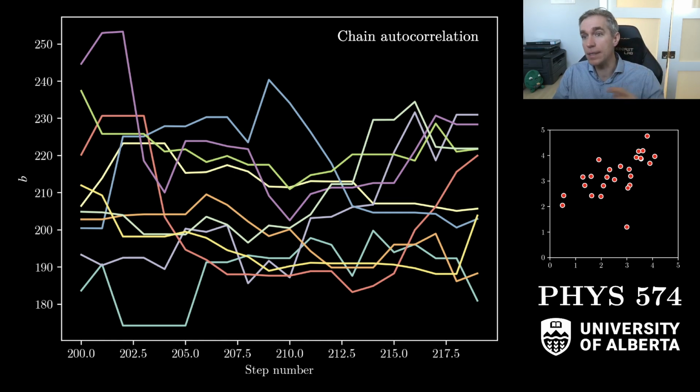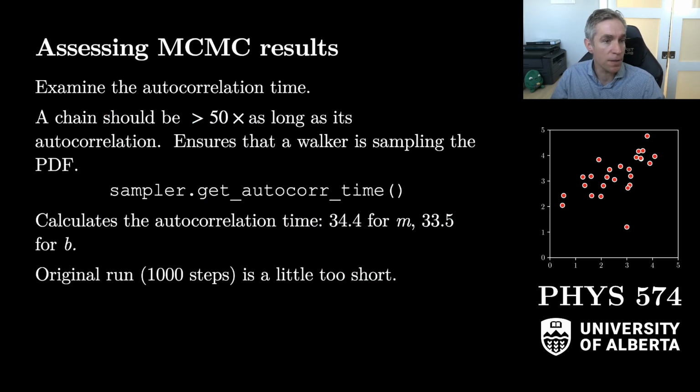Fortunately, the emcee package just calculates this for us. It has a little convenience function called sampler.get_autocorr_time, and it calculates how long that is. If you do this, it's about 34 steps for the slope and 33 steps for the intercept. Now, if you want a good sampling, you want a chain that's about 50 times as long as this autocorrelation length. You'll recall that we ran 1,000 samples, so 1,500 is what we want for our number of samples.